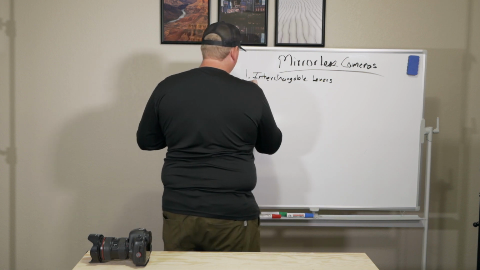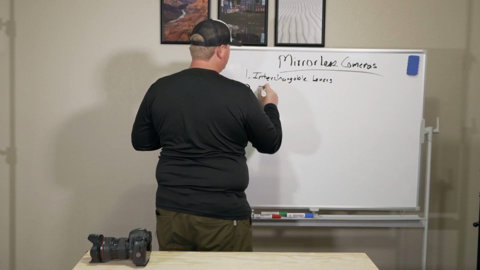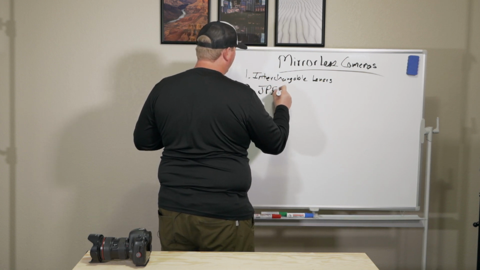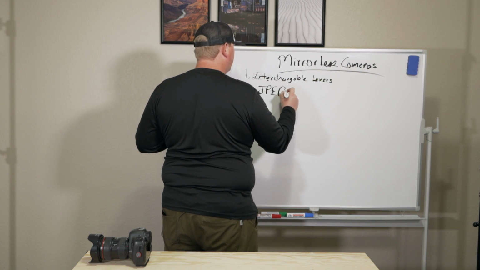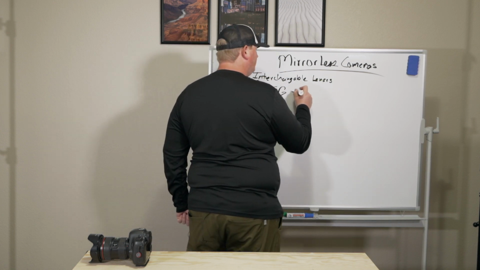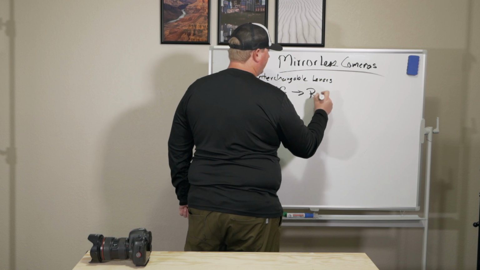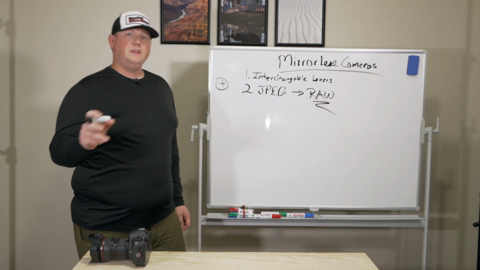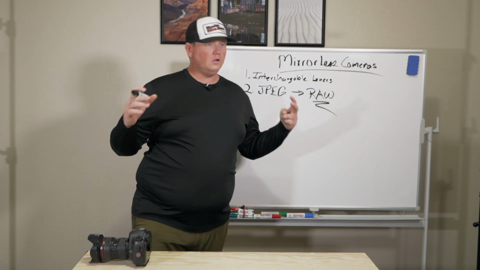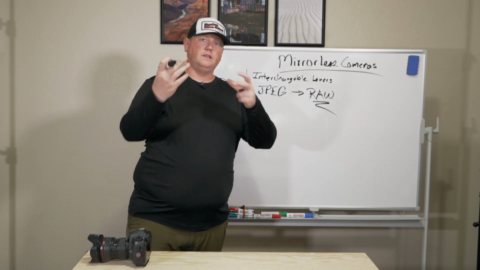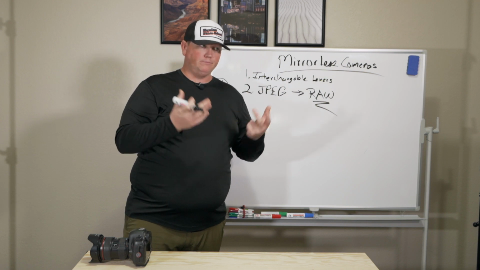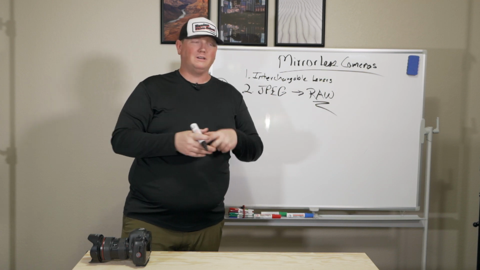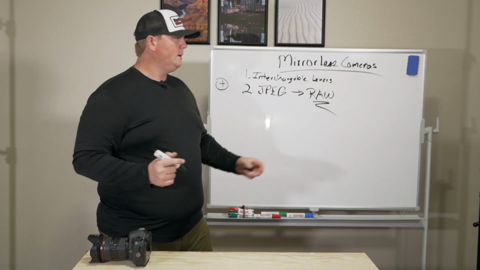The second thing is number two, JPEG, which they all have been able to shoot so far, but you also now have the ability to capture RAW files. Now RAW files are huge. These are basically all of the actual real data that the lens brings in, all the light, all the detail, all the everything.